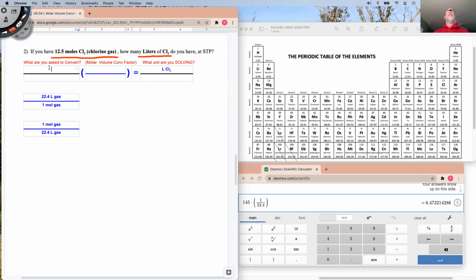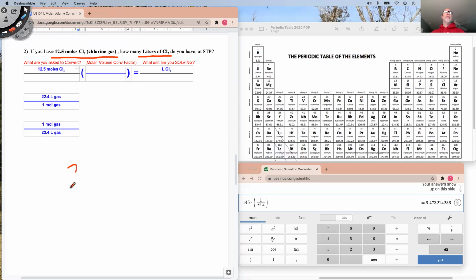What am I starting with, or what am I asked to convert? That's right, 12.5 moles of chlorine. So at this juncture, it's a gas, so we're trying to get from moles to liters. Do we know a conversion factor?